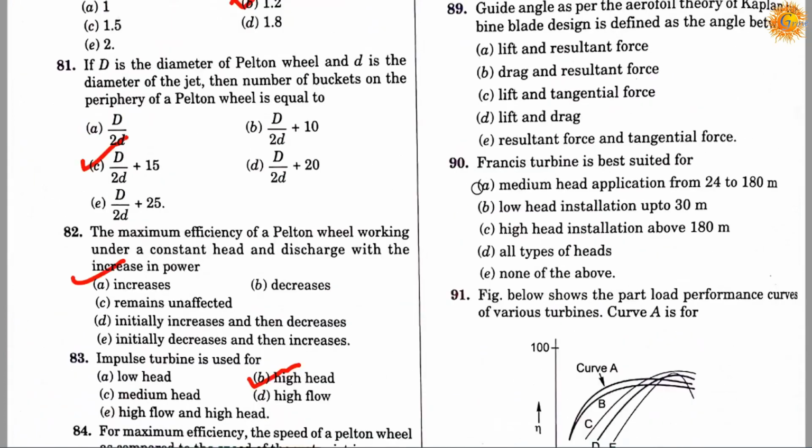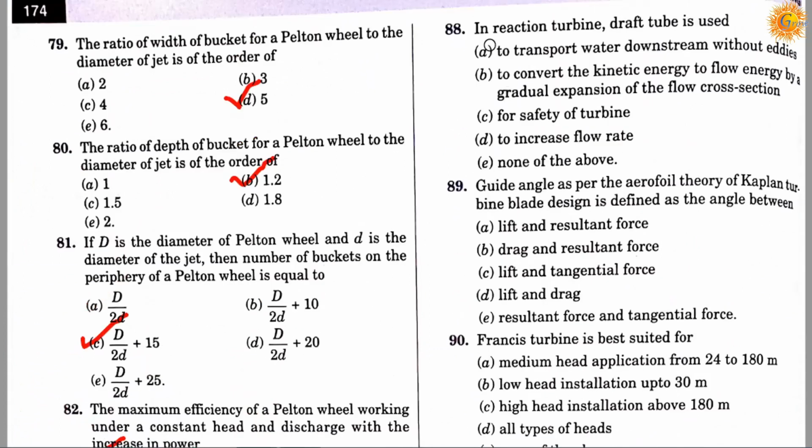Question number 88. In reaction turbine, draft tube is used, option A, to transport water downstream without eddies, option B, to convert the kinetic energy to flow energy by gradual expansion of flow cross section, option C is for safety of the turbine, option D is to increase the flow rate, option E is none of the above.